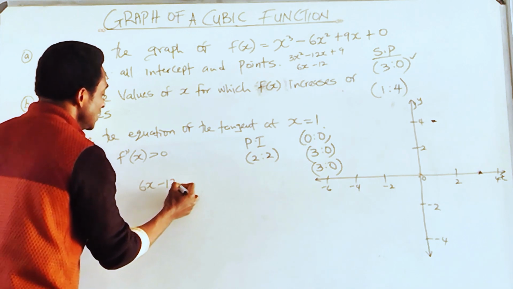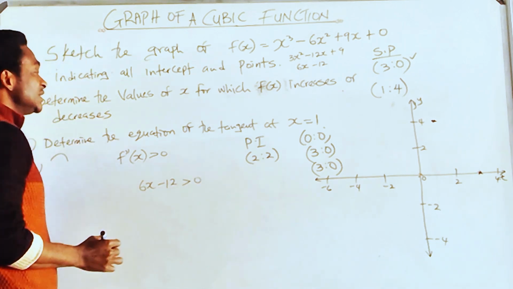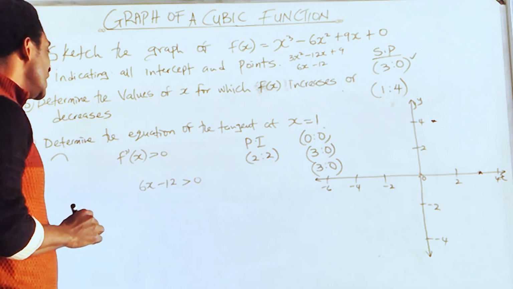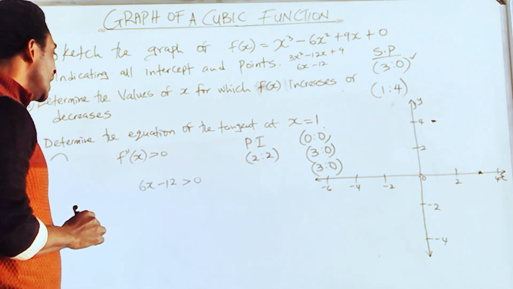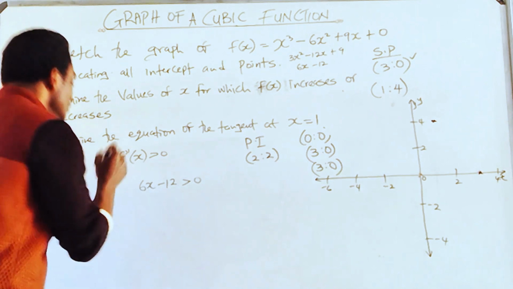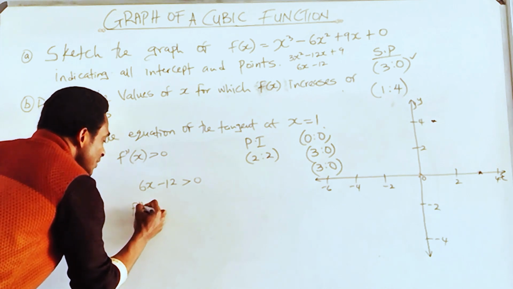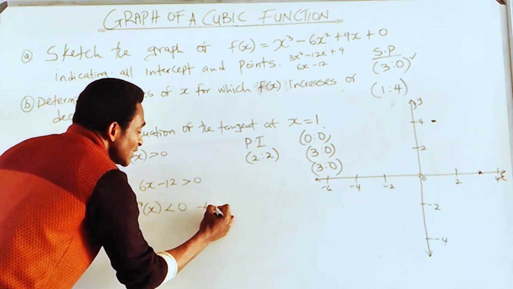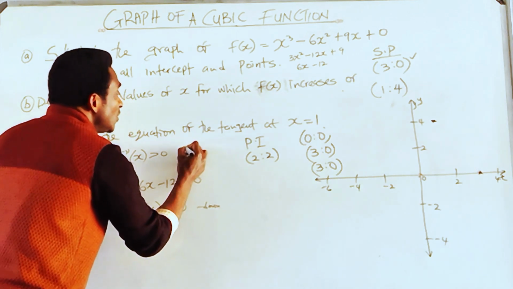When it is greater than 0, we know we are having a concave up. And when it is less than 0, we know we are having a concave down. So those two conditions, remember, are very important. So this will go down, concave down, and this will go up.